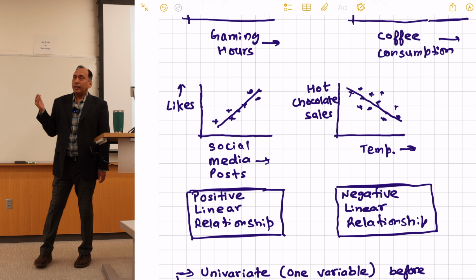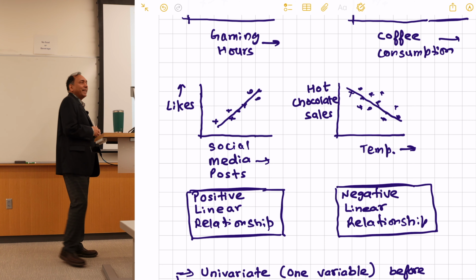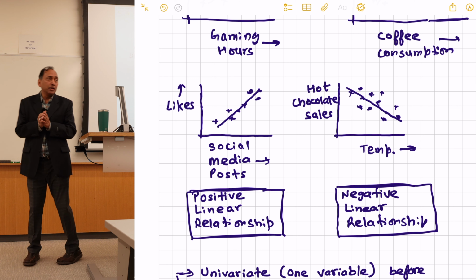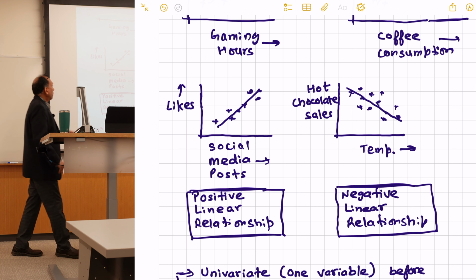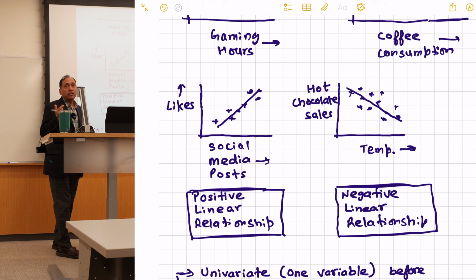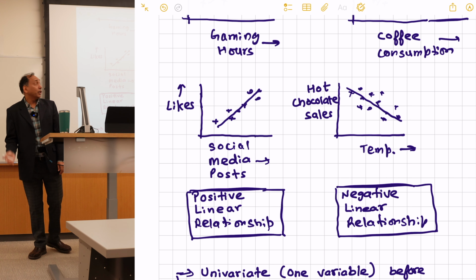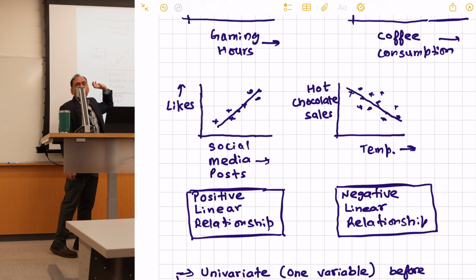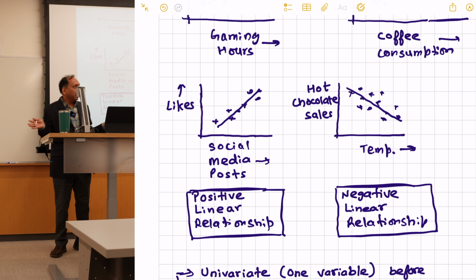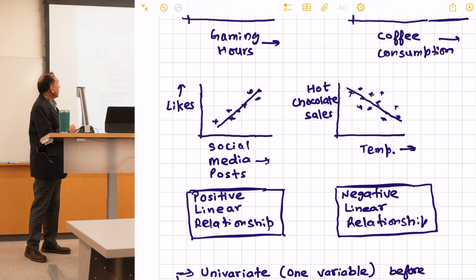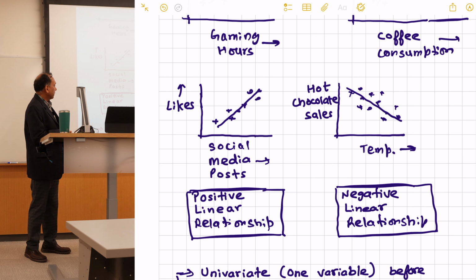But what we are studying is whether that relation is linear or not, and whether that relationship is strong or not. So one is whether it is linear, the other is the strength of the relation. We are not doubting that if you make more social media posts, you will get more likes. The only thing we are checking is the strength of the relation and whether it is linear.